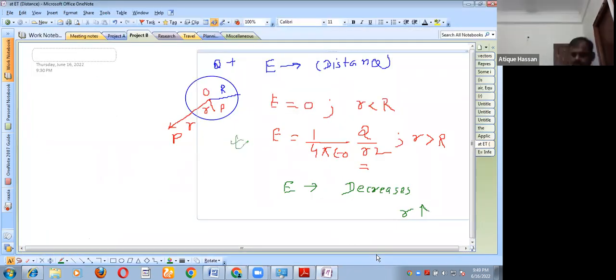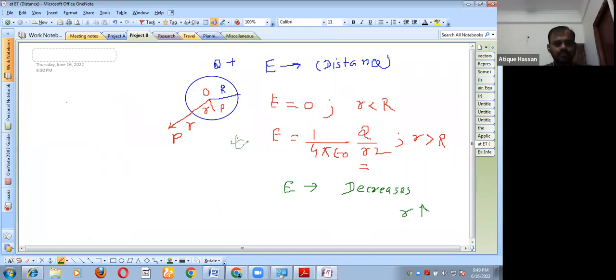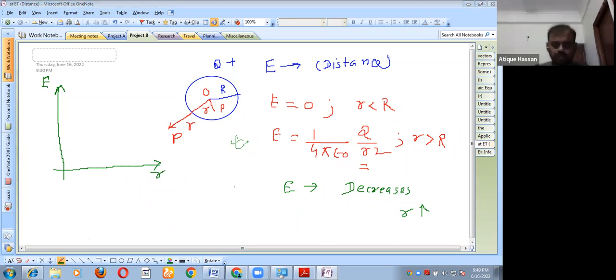And one more thing, sometimes you may be asked to draw the graph of electric field versus distance. So the graph of electric field versus r. Mamuna, can you tell me how we will graph the variation of electric field versus r?